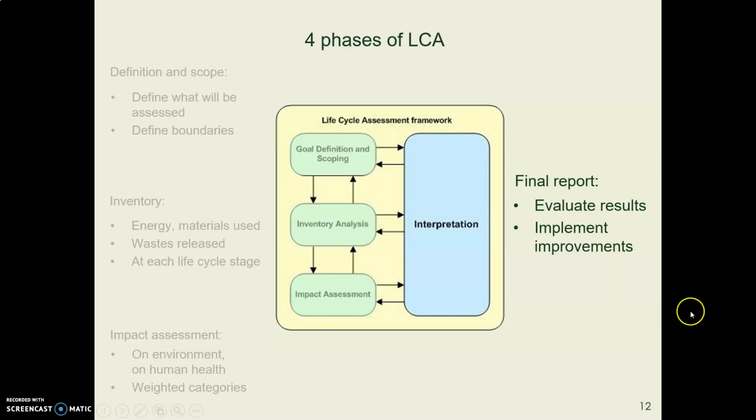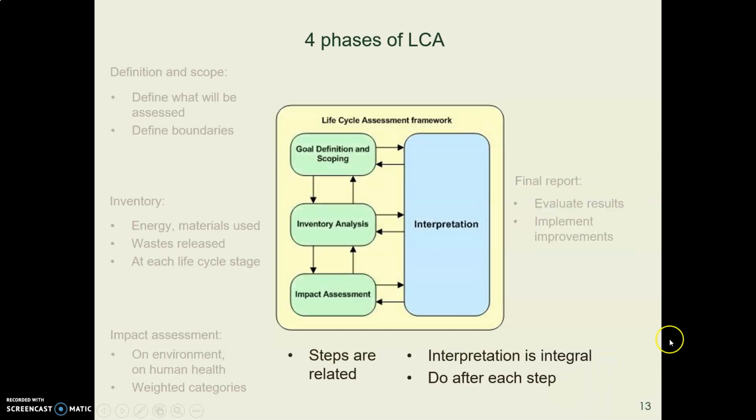So when you're doing LCA, you look at continuous improvement. That's the whole point of this, to be able to improve. All these steps are interrelated, and interpretation happens throughout the process.